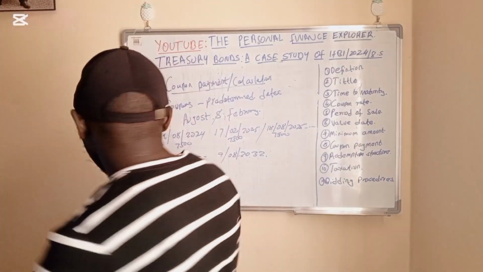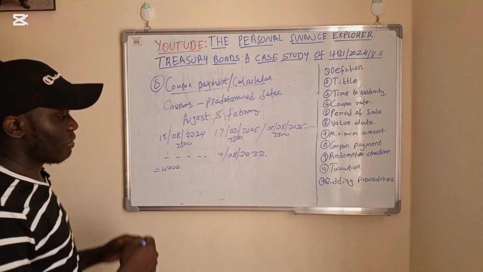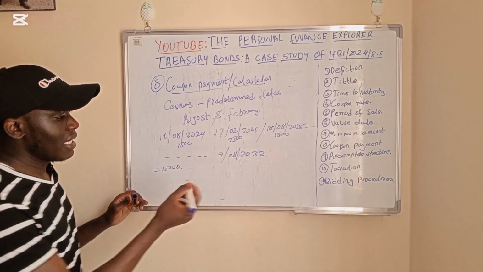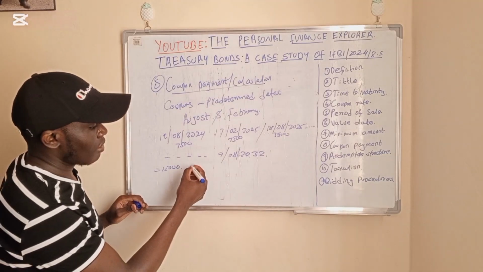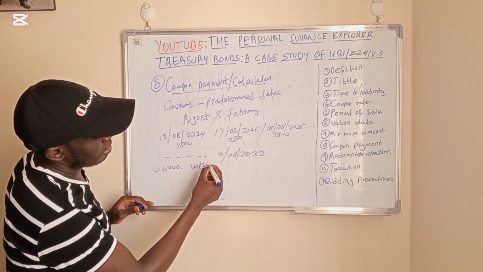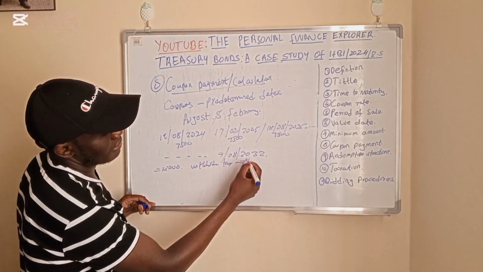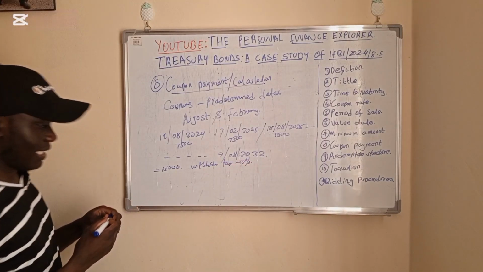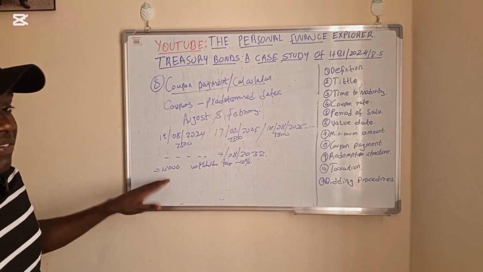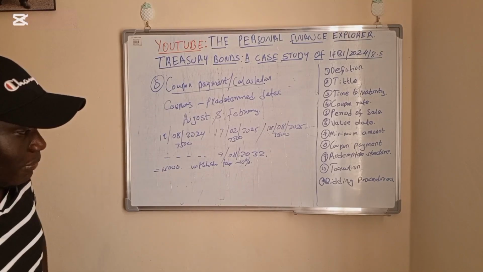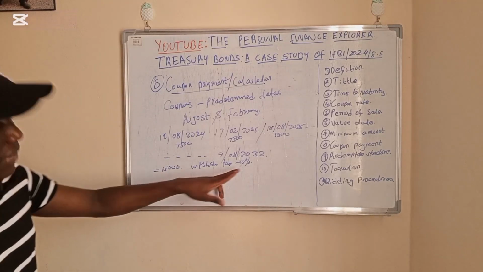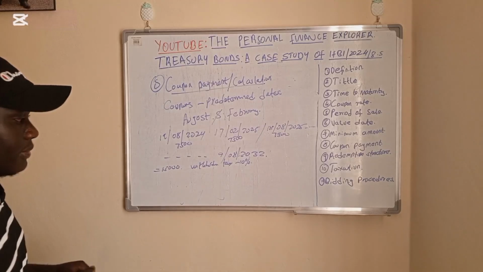Let's assume that our bond was taxable at this point. Let's say the bond has a withholding tax of 10%.